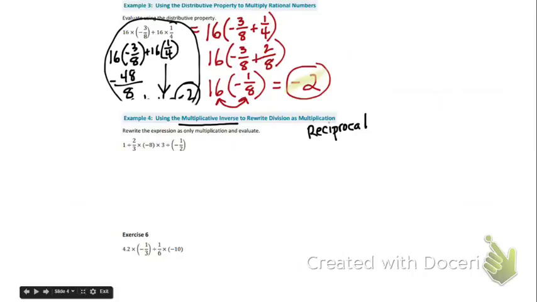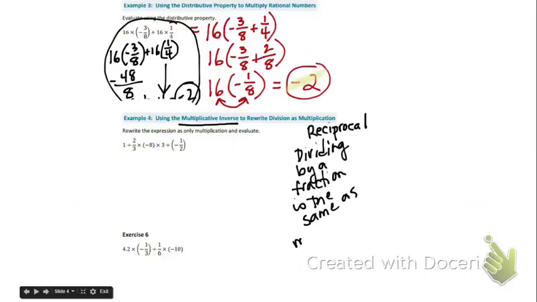So dividing by a fraction is the same as multiplying by its reciprocal.